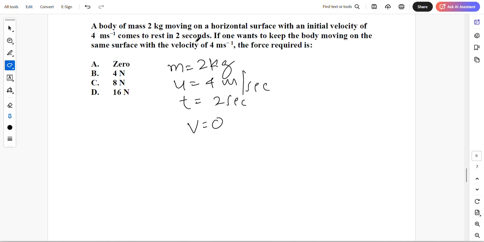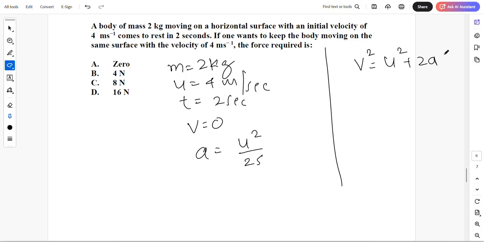Retardation is given by u square by 2s. Okay. Now you know v square is equal to what? u square plus 2as. Equation of motion: 0 is equal to u square plus 2 into a, where a is retardation, minus.